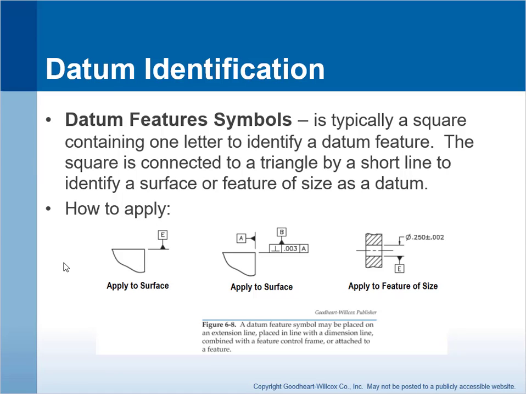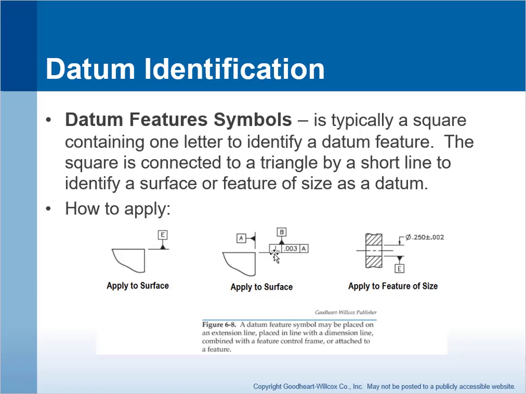So in this example right here, what we've done is we've taken an extension line off of that surface, and then we applied our E, our datum E. So that's an E in a square, typically square box with a short line and then a filled in triangle. So that's one way to do it. There's other ways to do it too.